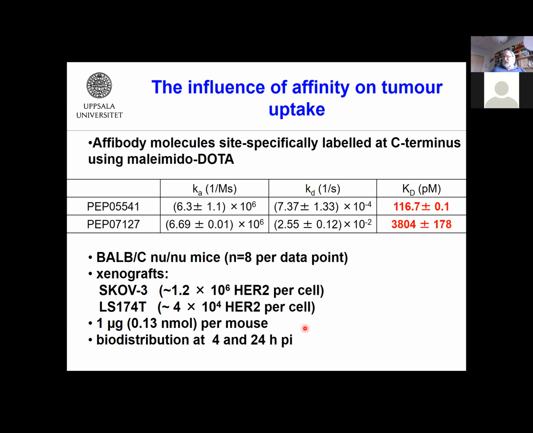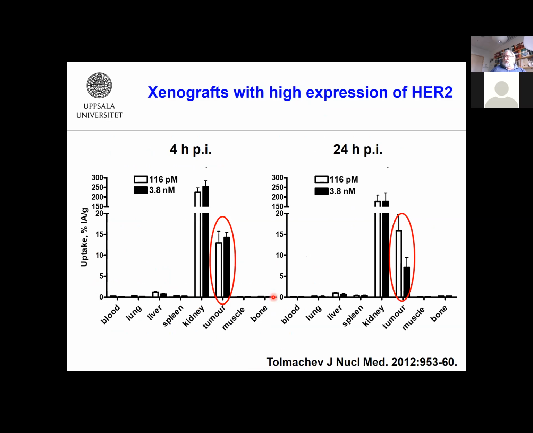And we compared them in mice bearing human xenografts SKOV3, which has approximately 1.2 million receptors per cell, and LS174T, which has approximately 40,000 receptors per cell. So we took a whole scale, and we injected 1 microgram of radiolabeled Affibody molecules and compared the biodistribution at 4 and 24 hours after injection.